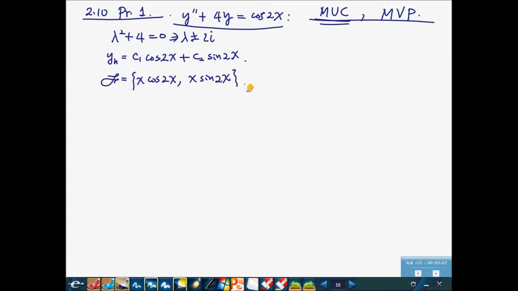But then our yp will be ax cosine 2x plus b times x sine 2x.